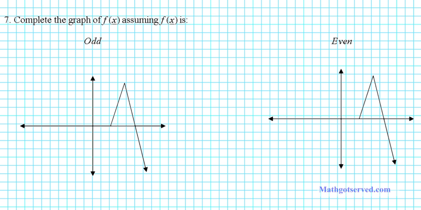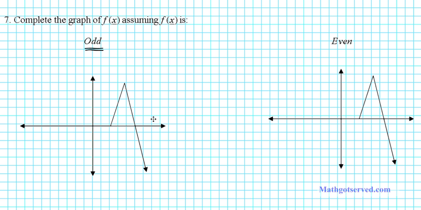All right, let's take a look at question number 7. We are to complete the graph of f of x, assuming f of x is odd and even. Now, if you take a look at the odd situation, to complete this graph, if f of x is odd, that simply means that the function is symmetric about the origin.